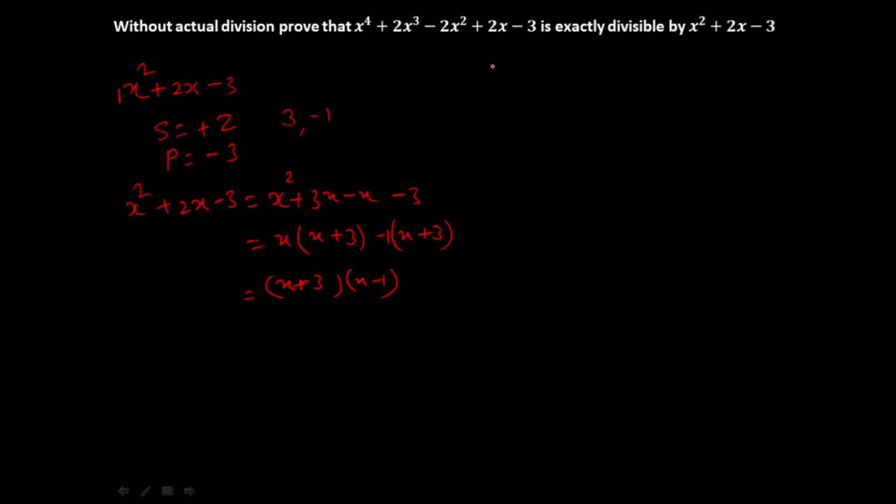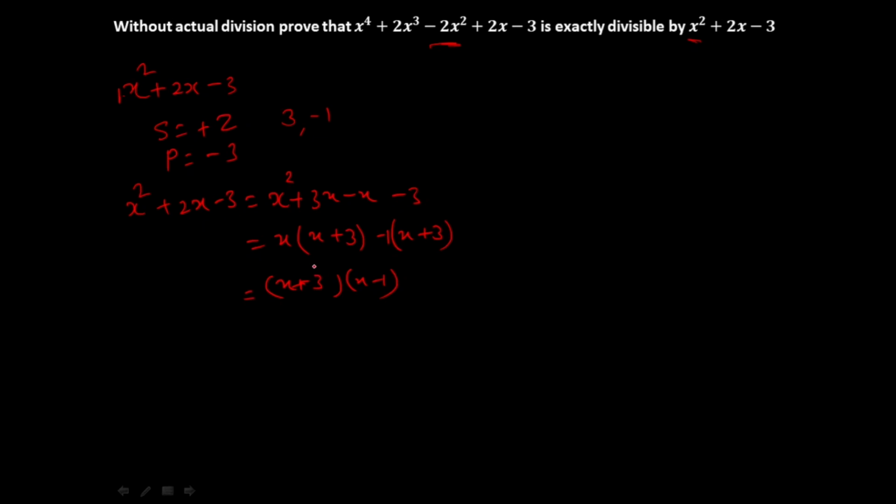Now, because I want to prove this is exactly divisible by this, it means I have to prove that x square plus 2x minus 3 is dividing this given polynomial exactly. So what is the method?